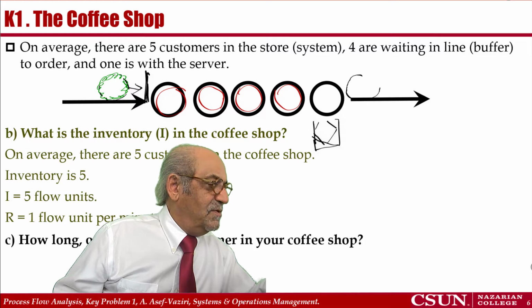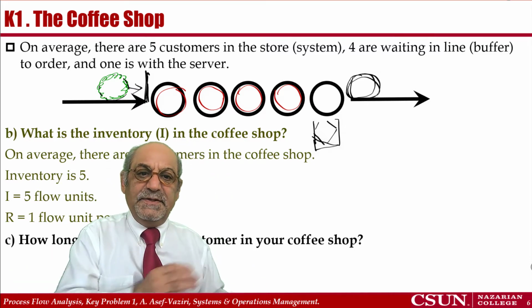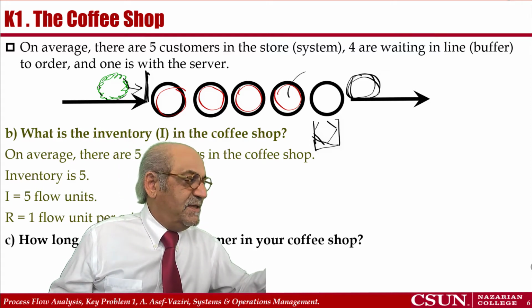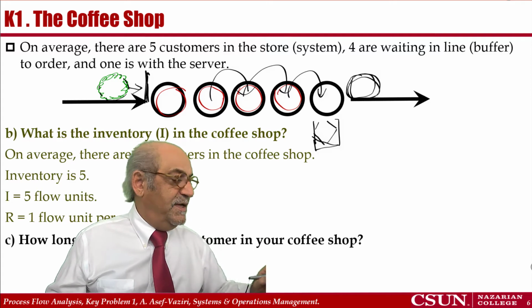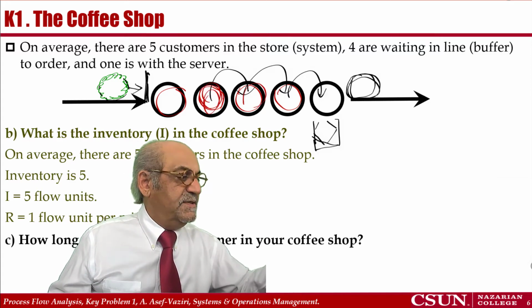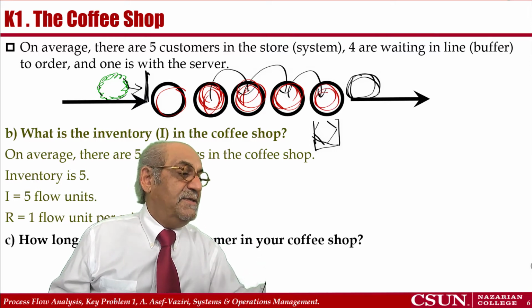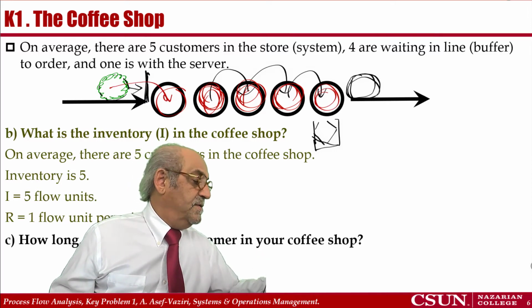This red goes over there, this red goes over there, this red goes over there. Therefore, this is red, this is red, this is red, and this green comes in here.